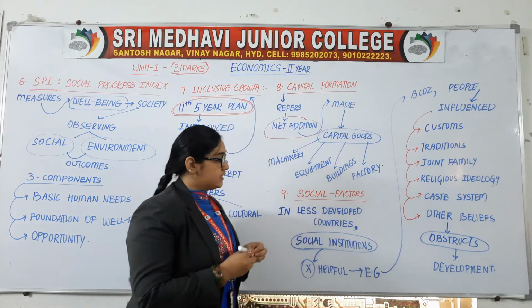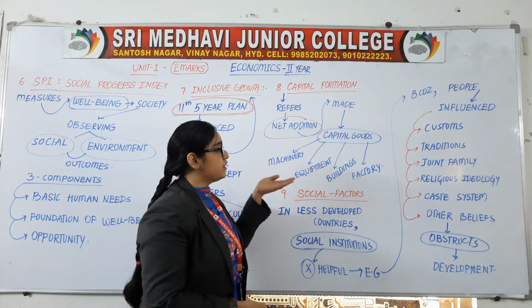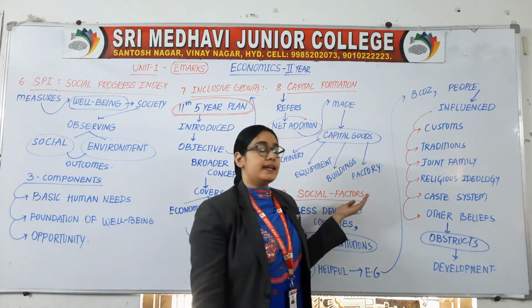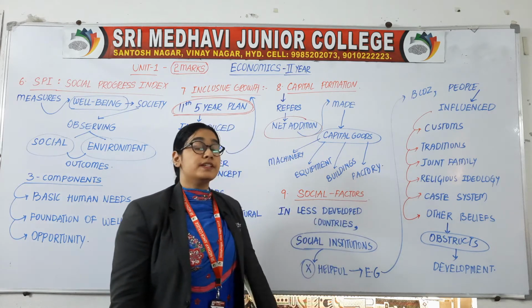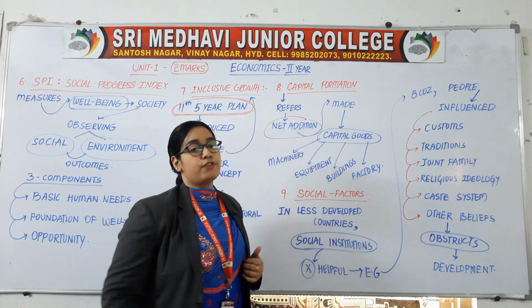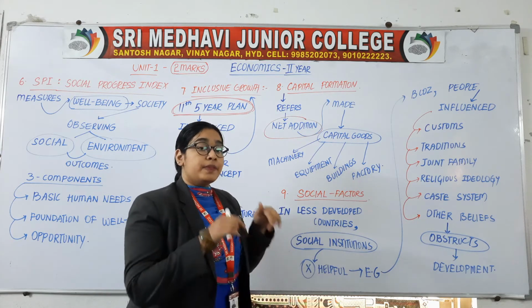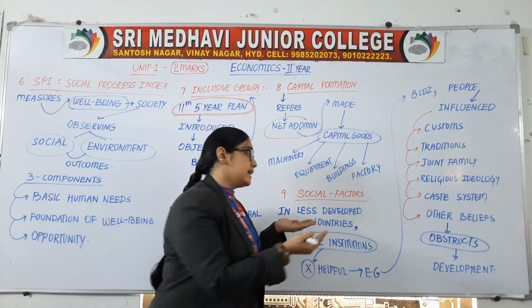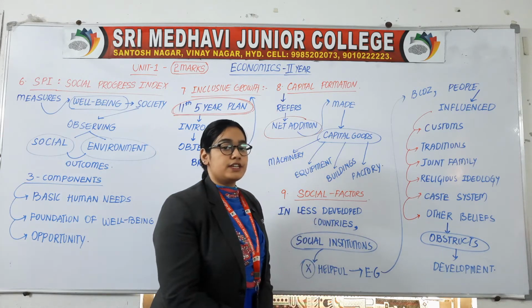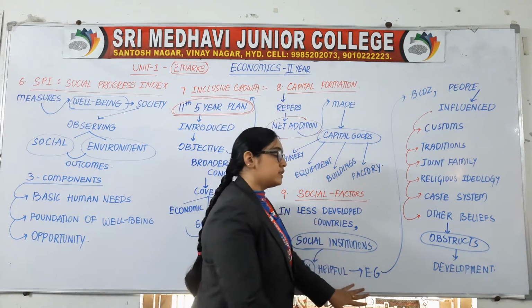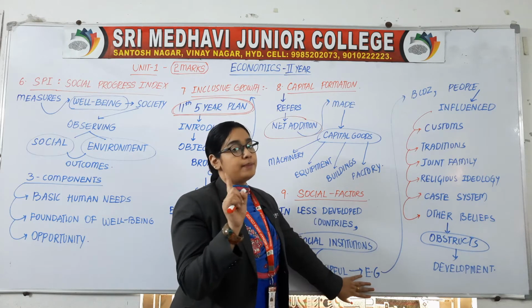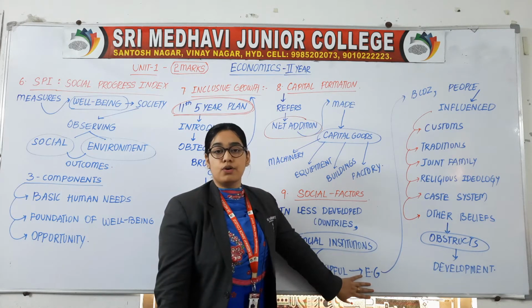Capital goods such as machinery, equipment, buildings and factory. This is nothing but capital formation. Now let us see the ninth one, social factors. In which countries? Less developed countries. Social institutions are not helpful for economic growth.